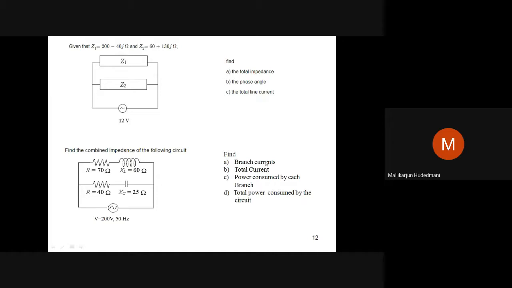So you are asked to find the currents: I1, I2, the current in branch 1 and branch 2, and the power consumed by branch 1 and branch 2. If you get such kinds of problems, you need to use complex notations. Sir, should we keep both rectangular and polar? Yes, it is my personal request to you all: whenever you work with complex quantities, please present the answer in rectangular form, and below that in polar. Why?